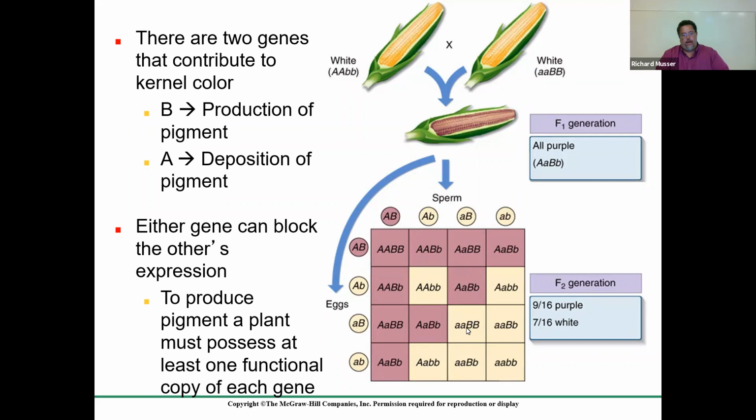Oh, wait a minute, look at this one right here. 2 big B's. So what pigment was this corn plant making if it has 2 big B's? Purple, right? But it's not able to deposit because the A's are present. Does that make sense, everybody?